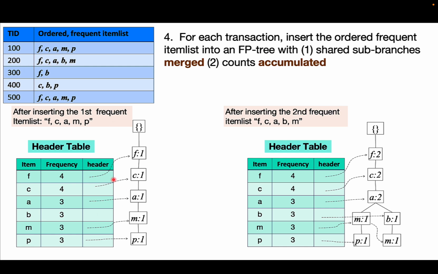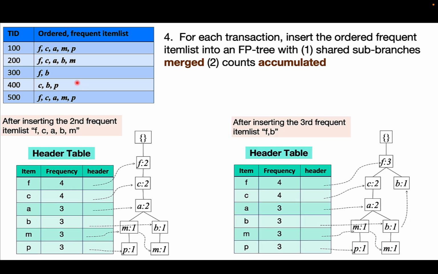I kept the previous step so we can easily compare. After inserting F, the minimum support counter becomes 2, C2, A2, but now we have a B. There is no B in the previous branch, so we're going to create its own branch with 1, followed by M, but M previously appeared, so we're going to link it through a pointer.